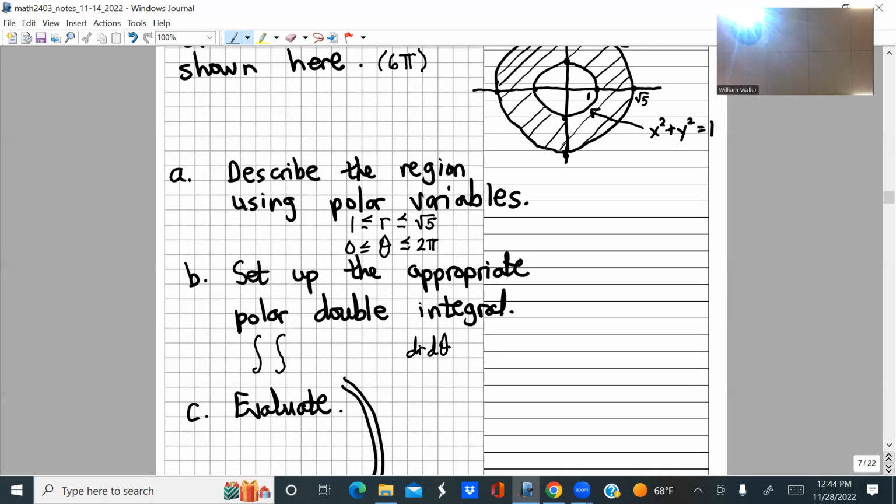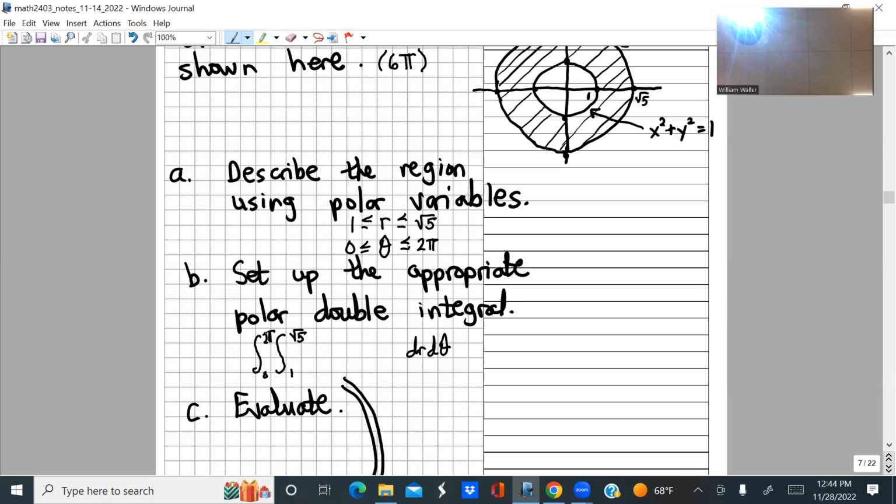So what are our limits of r here in this region? Isn't it 1 to square root of 5? See, easy, right? And what about for theta? Zero to 2 pi. Easy.